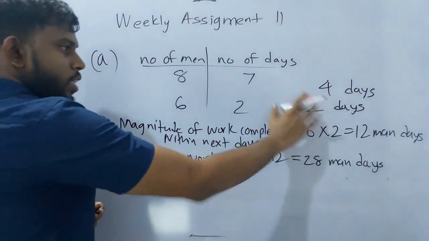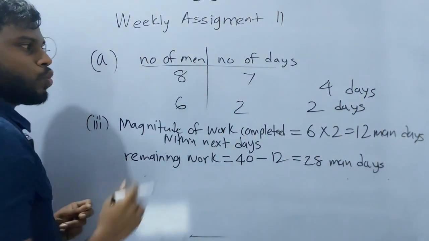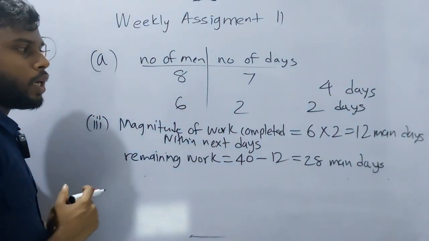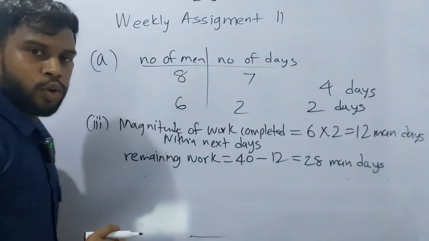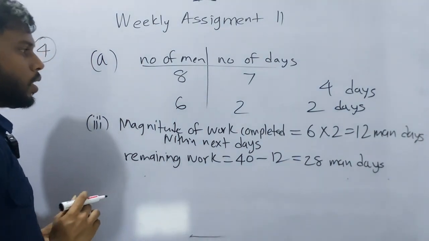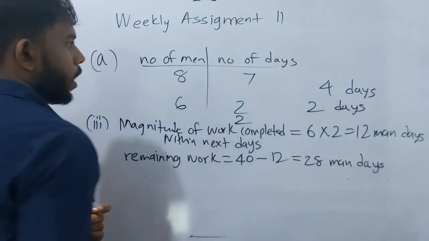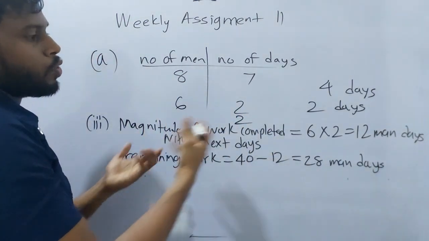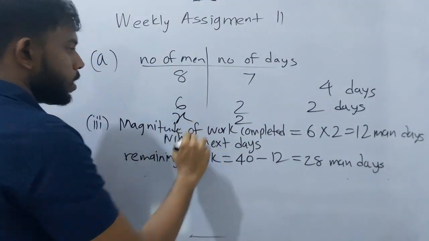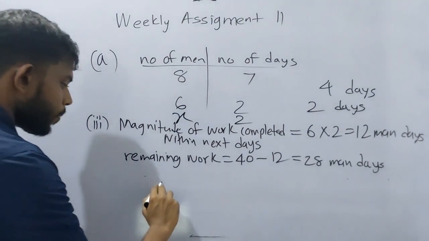So with these 2 days, you need to complete 28 magnitude of work. So here let's take the number of days as 2, and the number of men that we need to complete this much work as x. So what is x multiplied by 2?